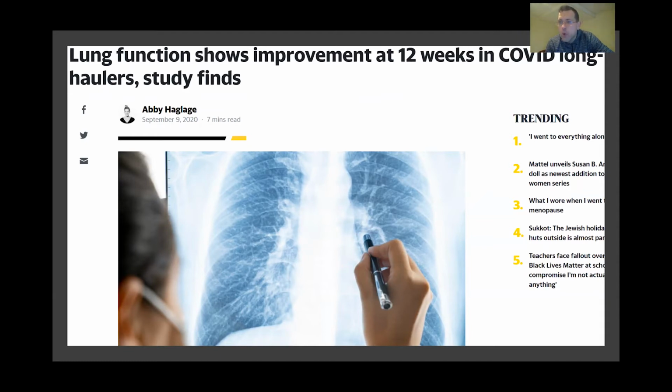Will they have lifelong pulmonary problems, etc.? It was very hopeful that this came out, that around the 12-week mark, people are showing substantial, if not full, recovery of pulmonary function. So this is something for us to keep in mind when we're in the midst of treating patients in the ICU and they're at their sickest.